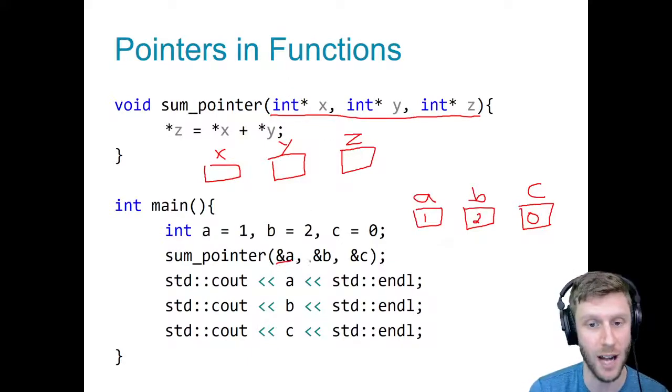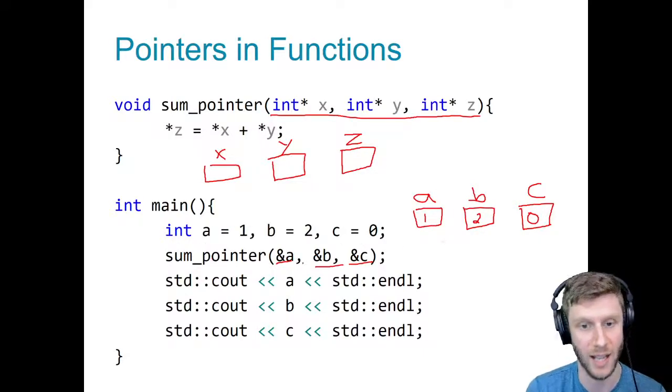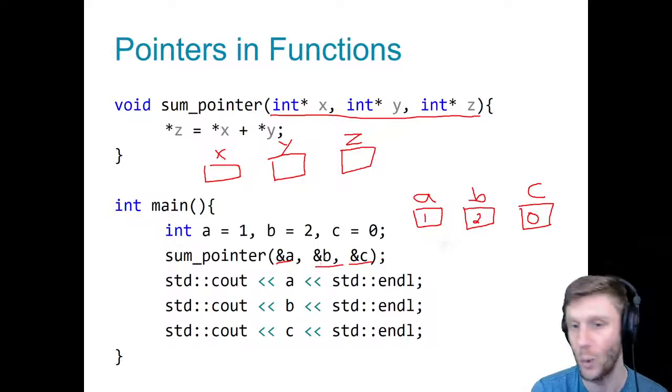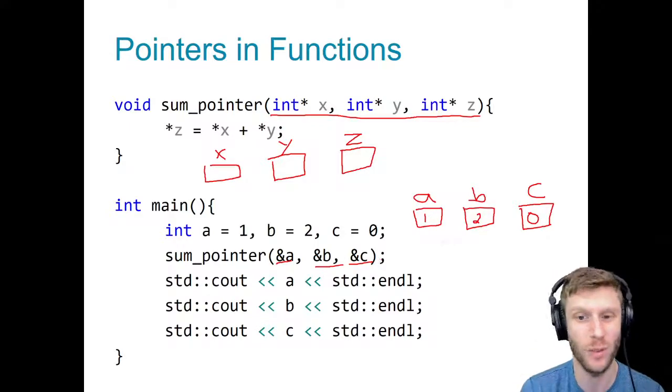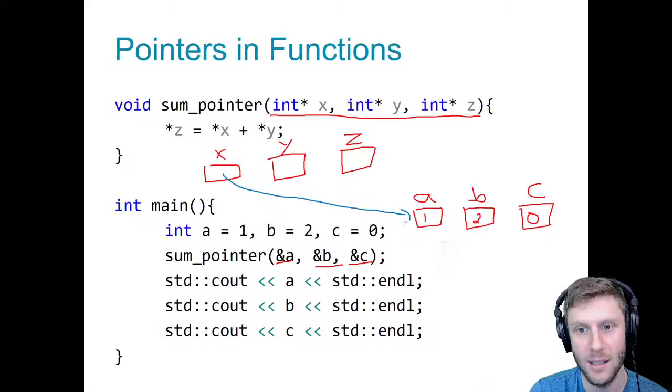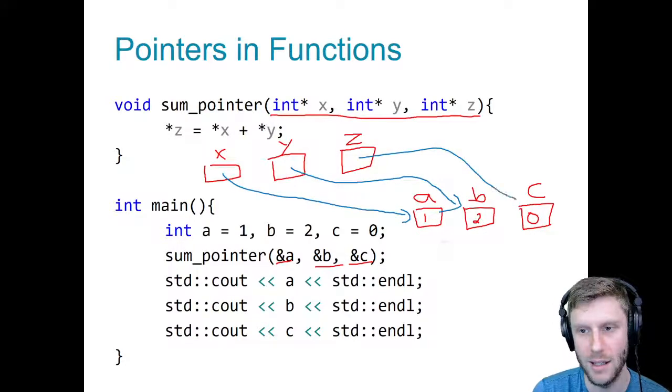And you'll see here, I'm actually taking the address of A, B, and C. So the value I'm giving this is not 1, 2, and 0. I'm giving it wherever in RAM A is, wherever in RAM B is, and wherever in RAM C is.